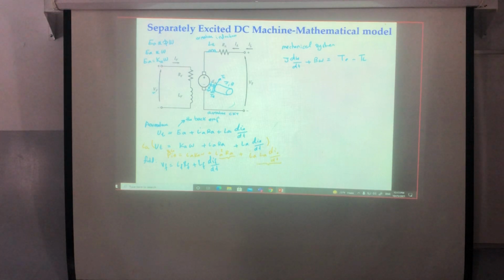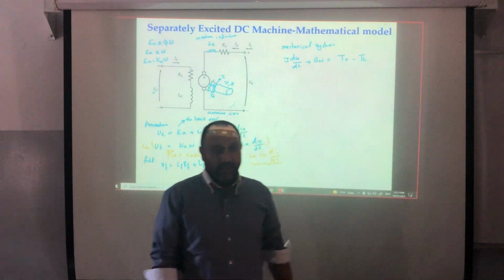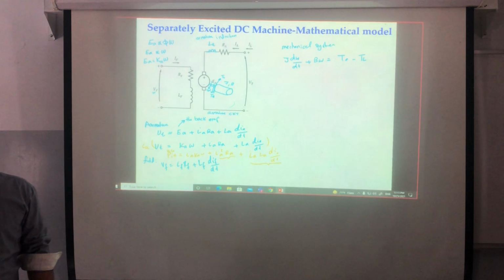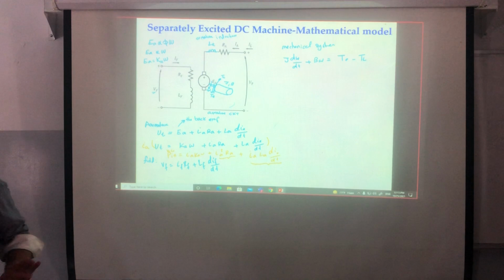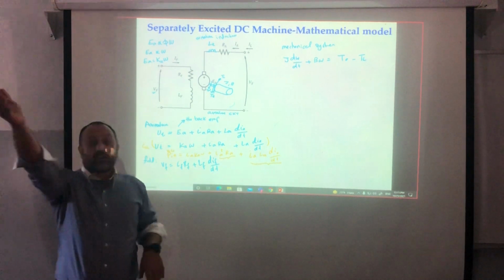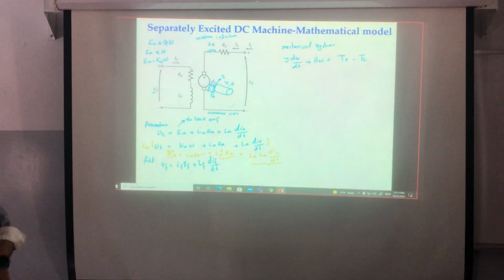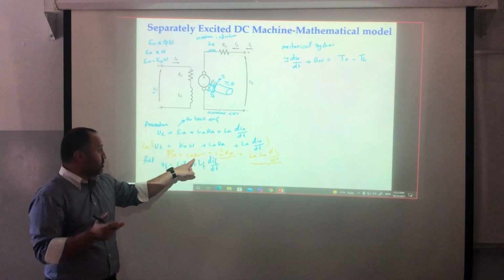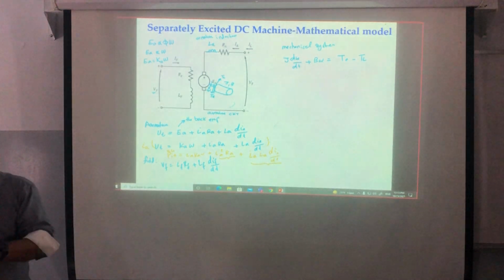This one, the inductor voltage times current, stores energy in the inductor. Correct? So this one has no relation with the mechanical power. The only term that will be converted to mechanical power is IA KA omega.